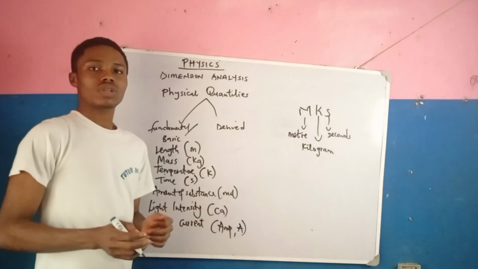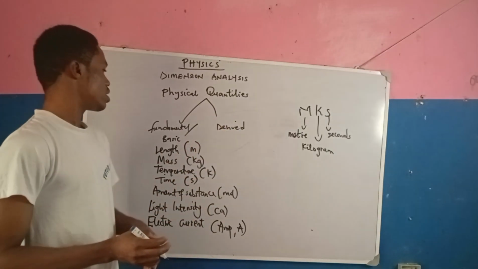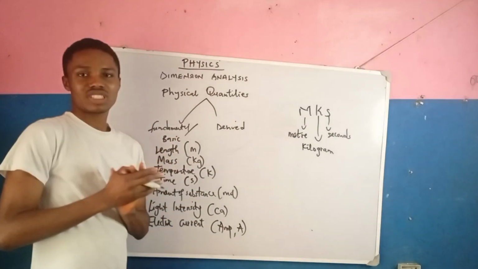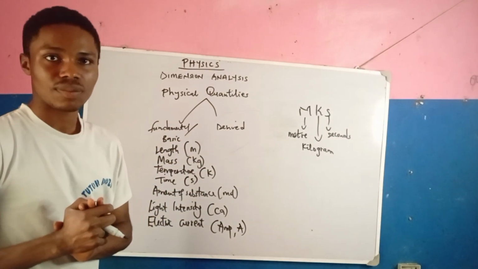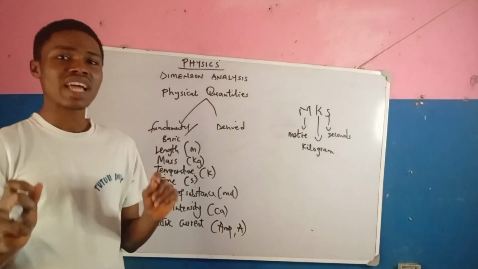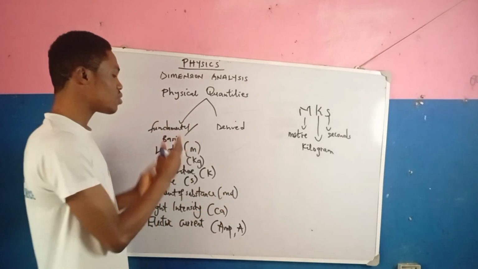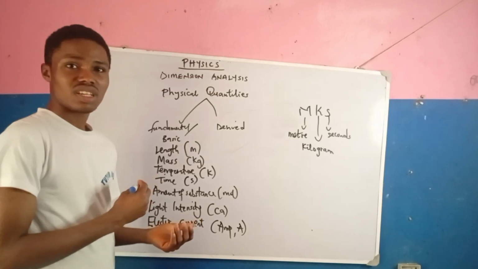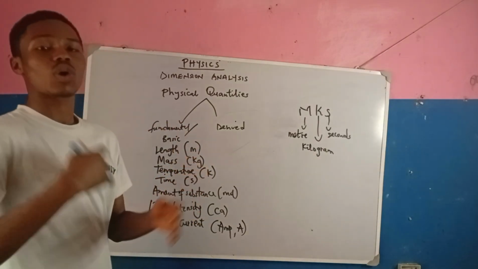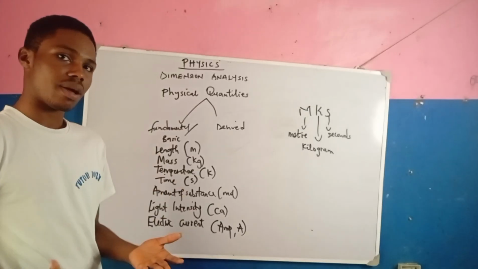Now, what about derived quantities? Derived quantities are those quantities that depend on the fundamental quantities. They can be expressed and defined in terms of other quantities, and they are gotten from them.